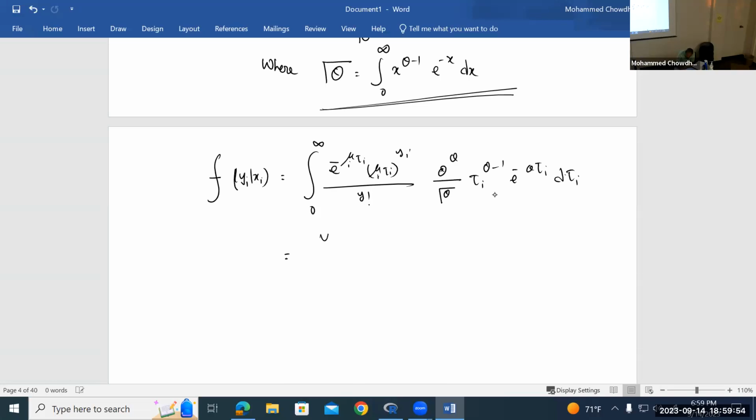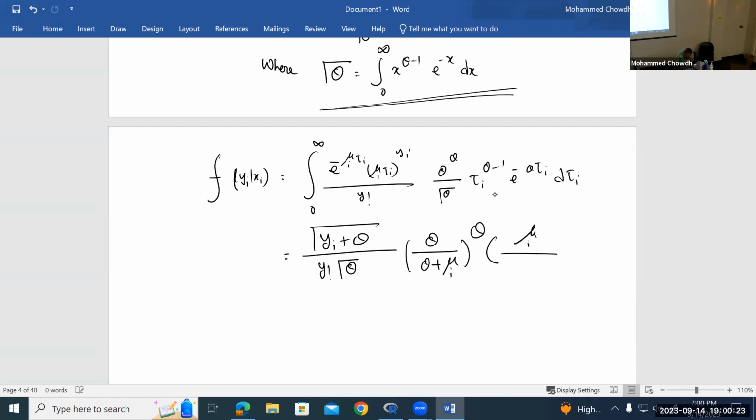Finally, we will end up with this: gamma of y_i plus theta over y_i factorial, theta over theta plus mu_i to the power theta, and mu_i over theta plus mu_i to the power y_i.